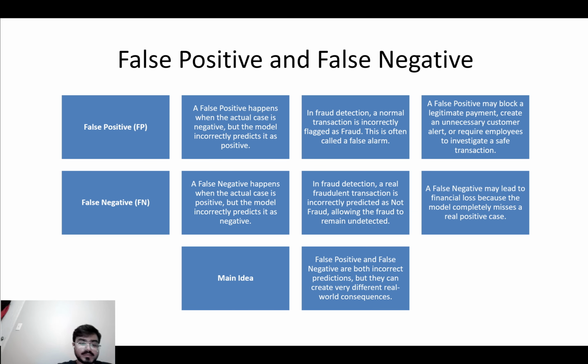Understanding these differences helps us evaluate a model more effectively instead of simply counting the total number of mistakes. Now that we have learned all four outcomes individually, let's see how they work together in a confusion matrix. Let's move to the next slide.